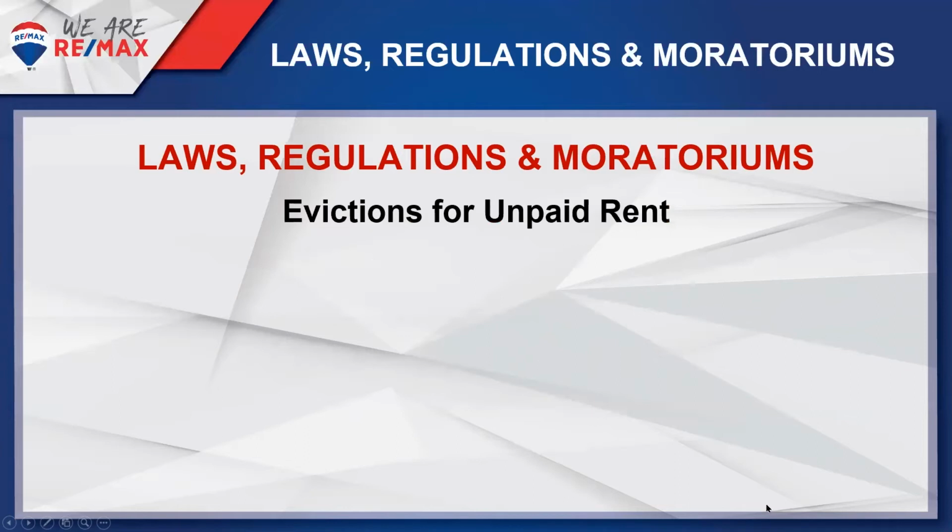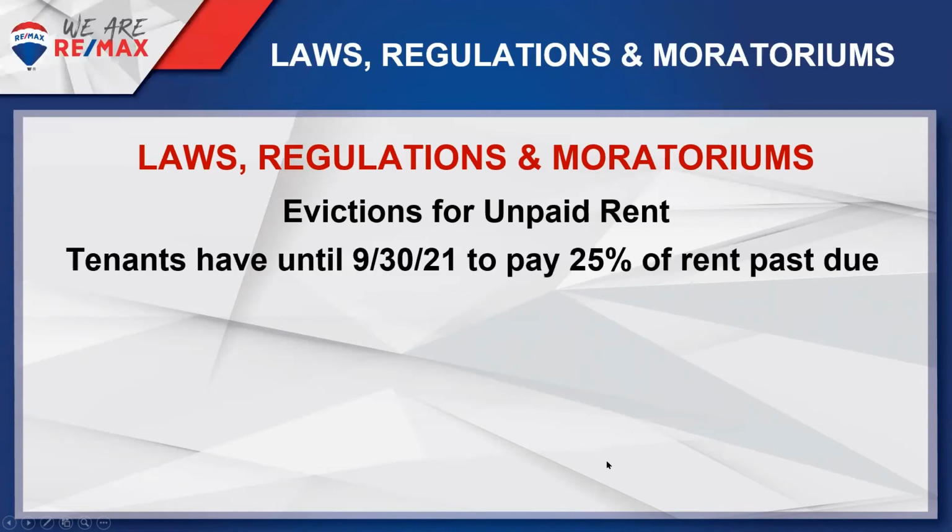All right, so let's look at one aspect of the current regulations, and that's evictions for unpaid rent. So a tenant's not paying rent, landlord would like to get them out and sell the property. Since COVID came along, that's not too easy. Tenants have until 9/30/2021 to pay 25% of rent that's past due.